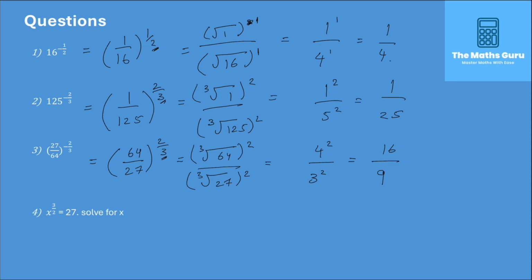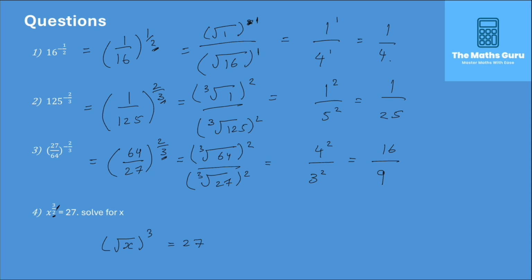So the way we solve a question like this is to apply our operations to our x. So we look at our denominator and we see that that is 2, so we square root our x, and our numerator is 3, so we cube our root x, and we say it's equal to 27. And now we have an equation we can deal with.